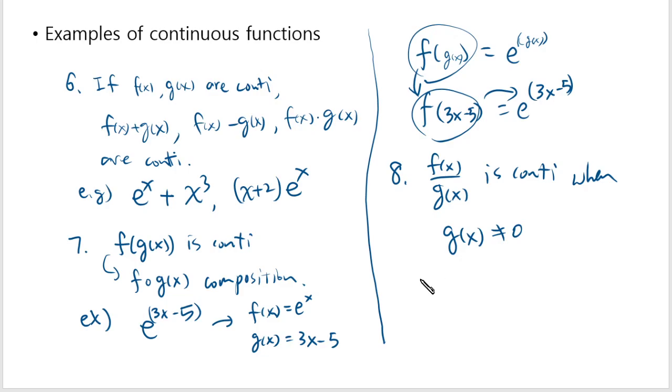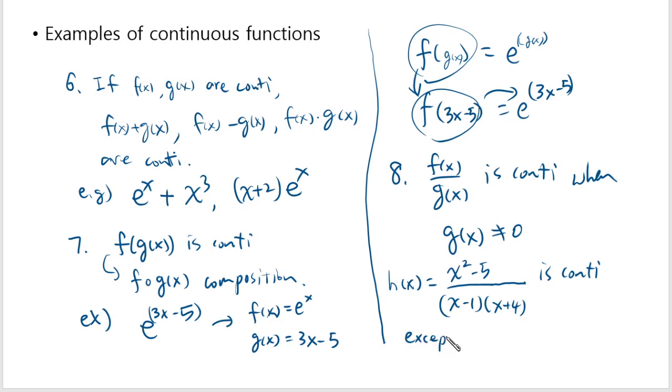Okay. So an example of this is, let's think about this function h, which is given by, say, x squared minus 5 over (x minus 1) times (x plus 4). Well, as long as the denominator is non-zero, it will be continuous. So this is always continuous, except, when is this 0?